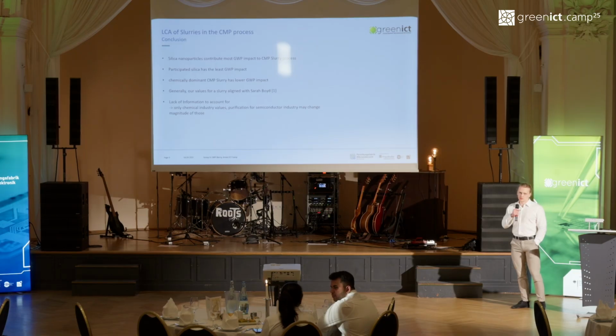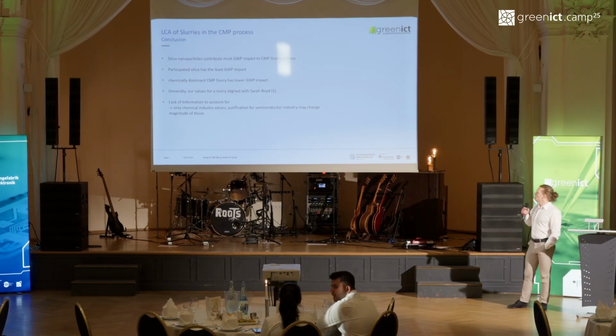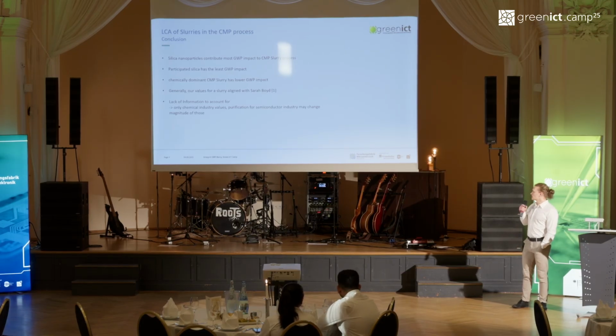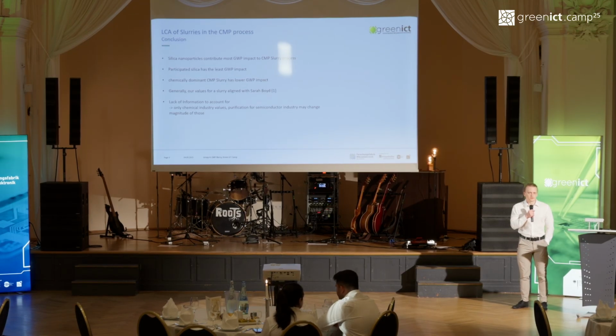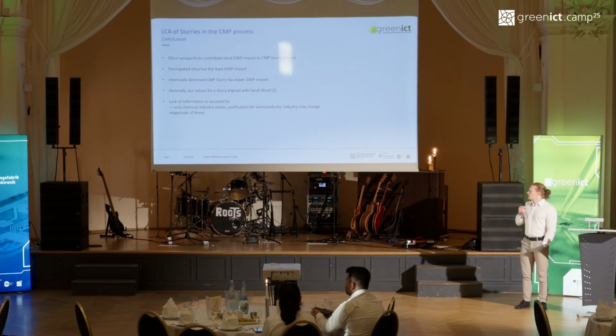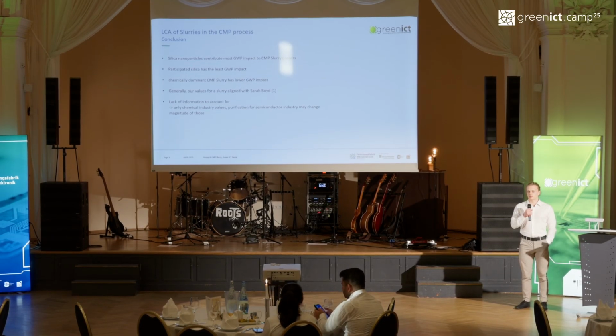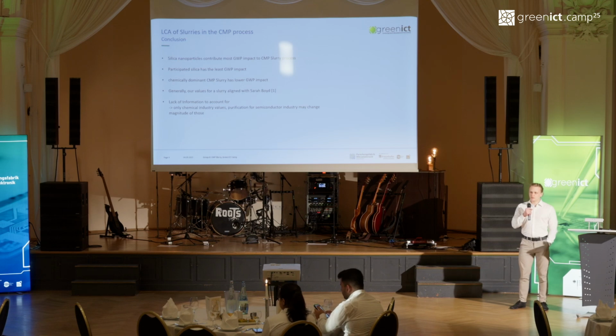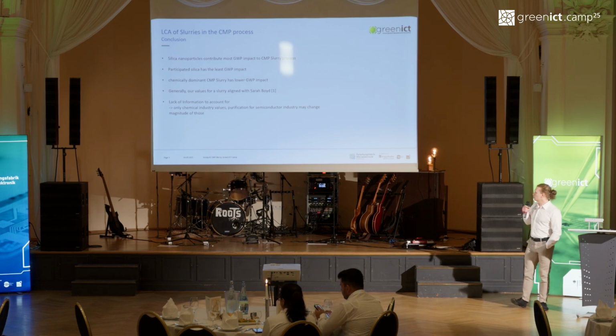Our values generally aligned with Sara Boyd's values, though there is some lack of information that was filled in with assumptions. Our input values and calculations were based on values from the chemistry industry. We know there is a higher purity requirement in the semiconductor industry, but those values aren't really published, as far as we could find.